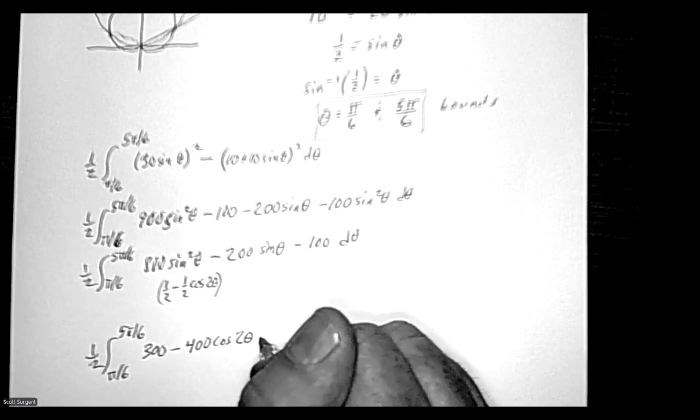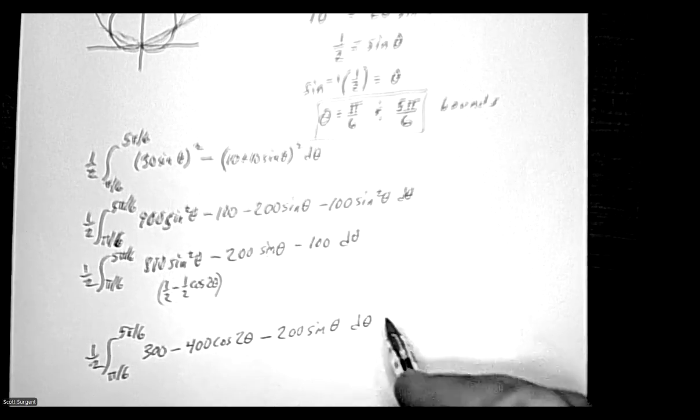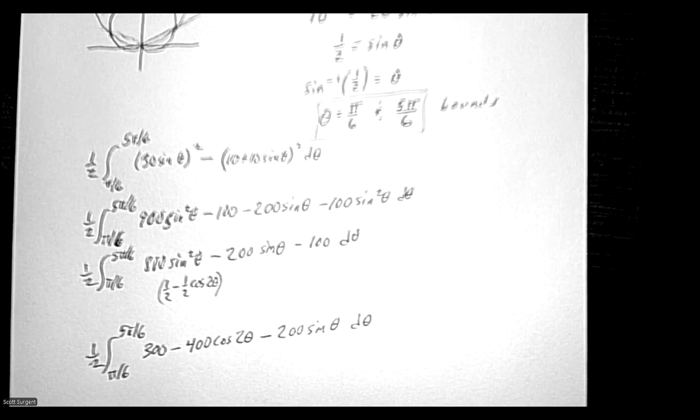Then this guy doesn't change at all. And that's not a bad integral. This is just 300 theta. This will be 1/2 sine 2 theta, so that'll make a 200 in front. And then this will be actually plus 200 cos theta. Yeah, it should work out pretty nice.